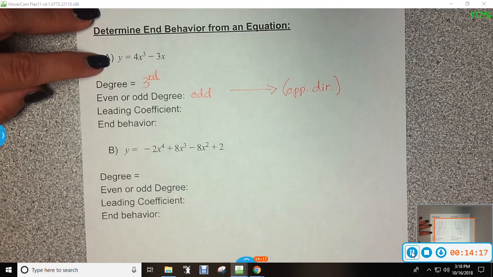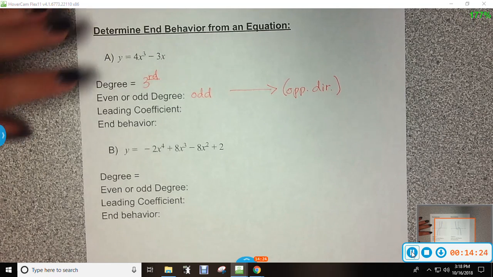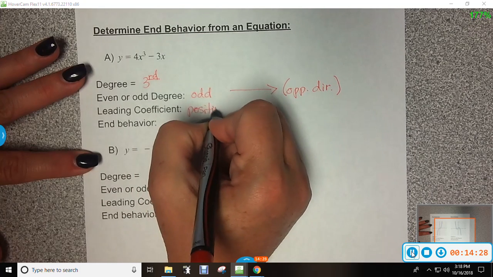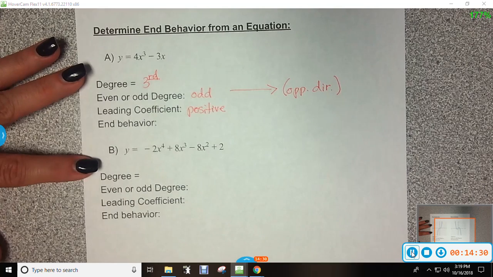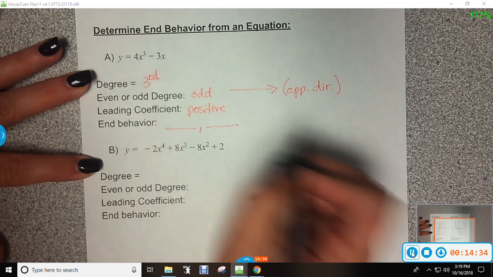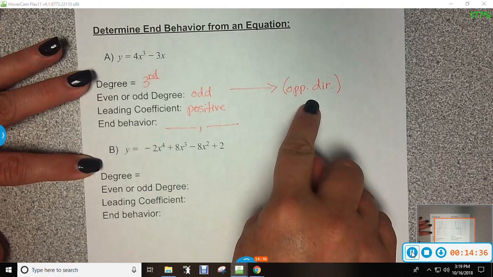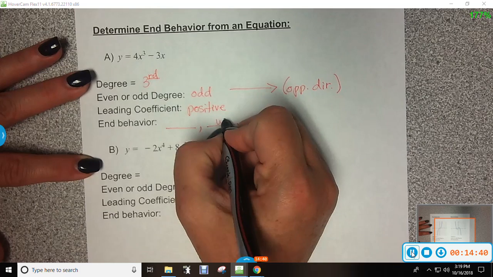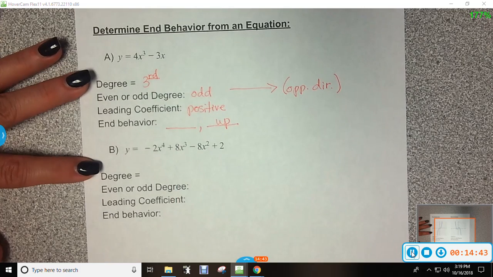Now, what is your leading coefficient for this problem? 4. And more importantly, is it positive or negative? Positive. So when we deal with end behavior, I've got to do the left side and then I've got to do the right side. They're going opposite directions. It's positive, so I know the right side is up. What does the left side have to be?